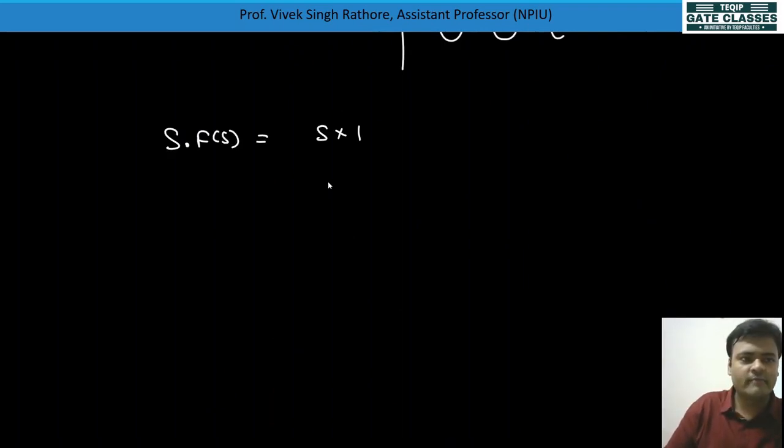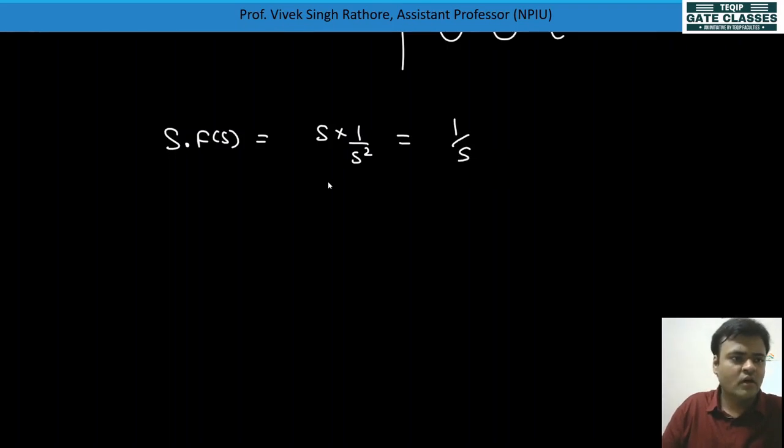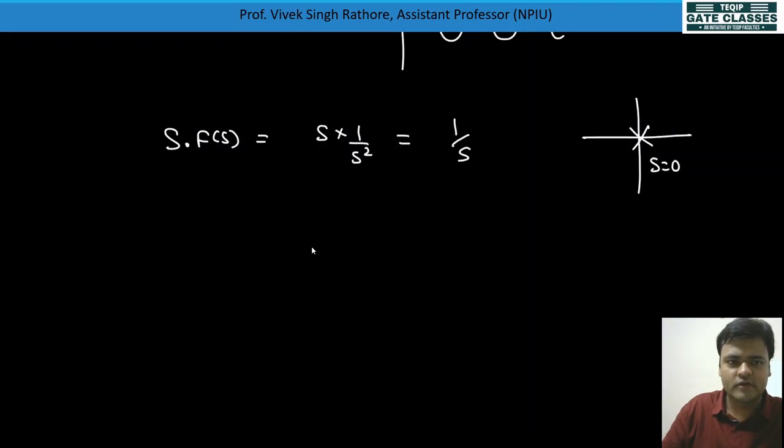S into 1 by s square, so the value will be 1 by s only, right? So its pole will be at s is equal to 0, or the pole will lie on the j omega axis.